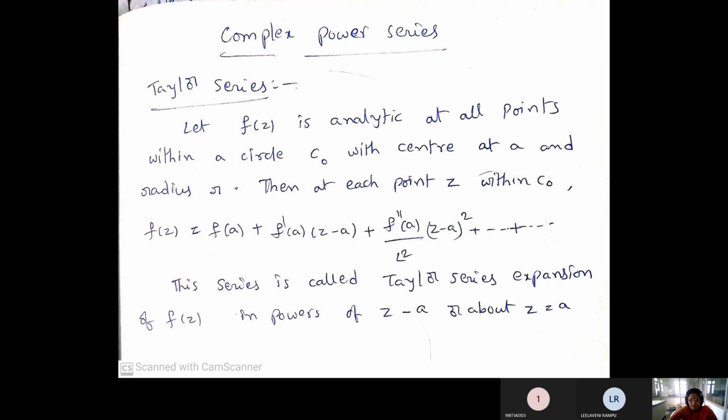This series is called Taylor series of f of z in powers of z minus a, or we can say that this is a Taylor series expansion of f of z about z equal to a in powers of z minus a.